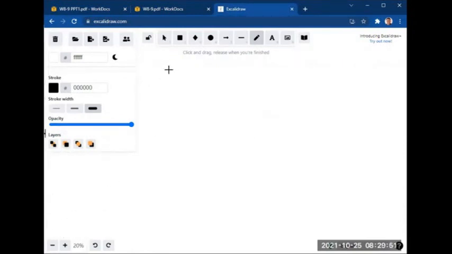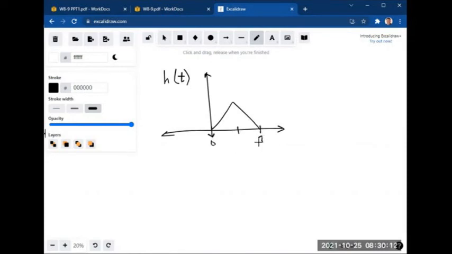Using this, let's do another example. Let's say we have the same impulse response. Let's use the same example. So we have again a triangle from 0 to 2 with a height of 1. And we have this input signal.